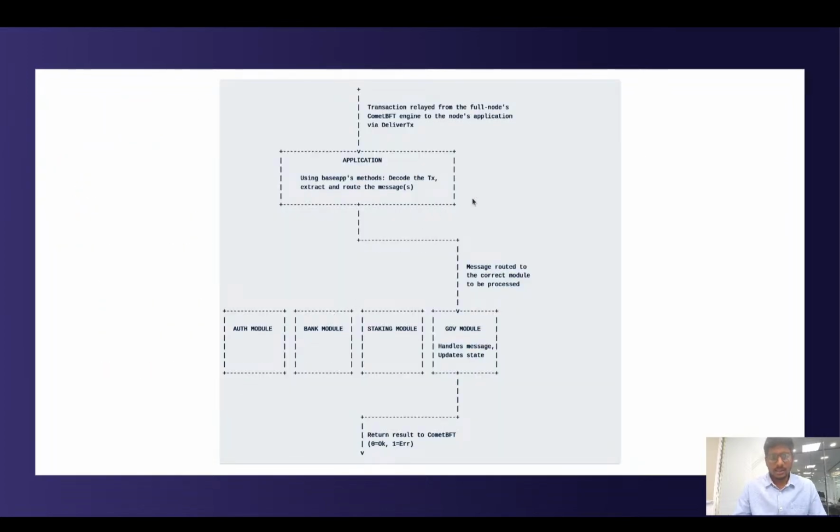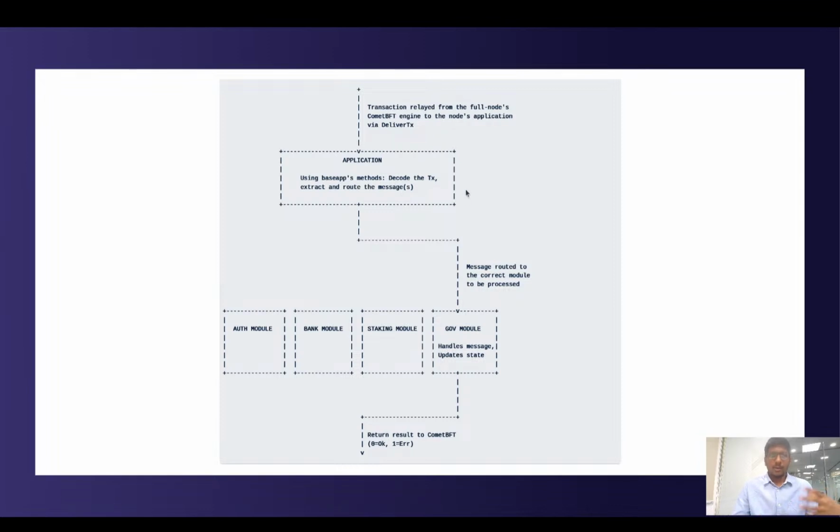Now let's see how a transaction is validated, or how a transaction passes through the Cosmos SDK. First, the transaction is relayed from the CometBFT engine. The CometBFT engine delivers that transaction to the application, or the state machine, and it is the responsibility of the application to route that transaction to the required module.